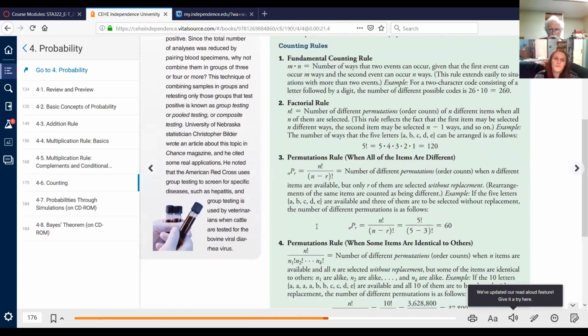Let's just take a look at the number of 3-letter permutations available in the first 5 letters of the alphabet. So there are 5 letters here. Okay, that's our basis. That is in this formula, that's N.